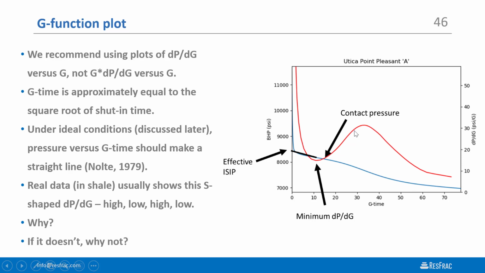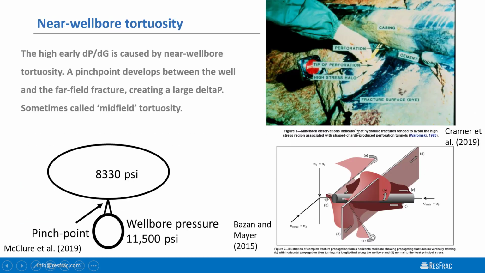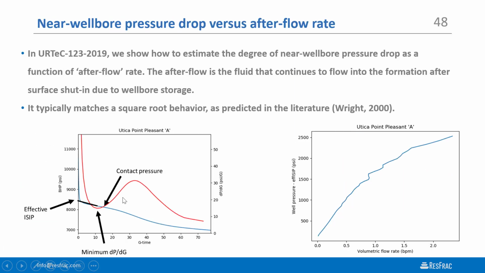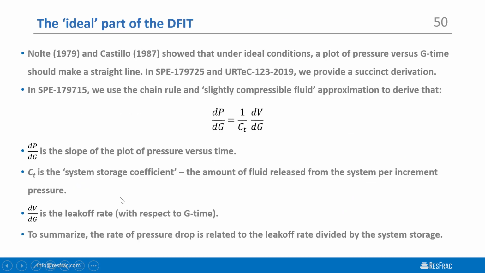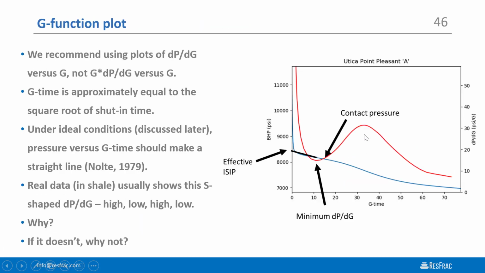That causes the derivative to go up. And then what happens here is we start to get deviation from linearity. So let's remember that this G function plot, we're only supposed to get a straight line if it's Carter leakoff and it's an open crack.